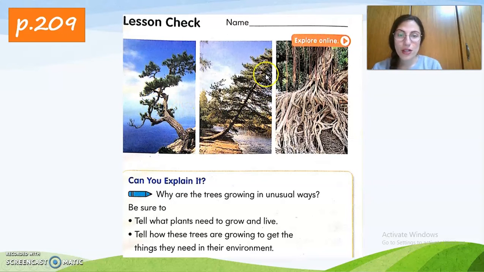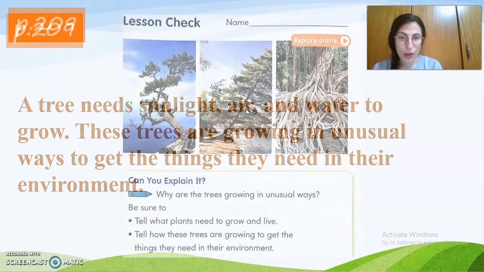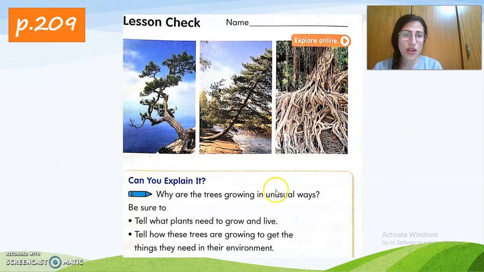In the second picture, this tree is bending towards the river because the roots are growing towards the river to get the water that it needs to live and grow, okay? The third picture, also the roots are growing in an unusual way. Why? To get the water that it needs because it's living in a dry place, so the roots grow really long and under the soil into far distances to collect the water from far away places, so it would live and grow.